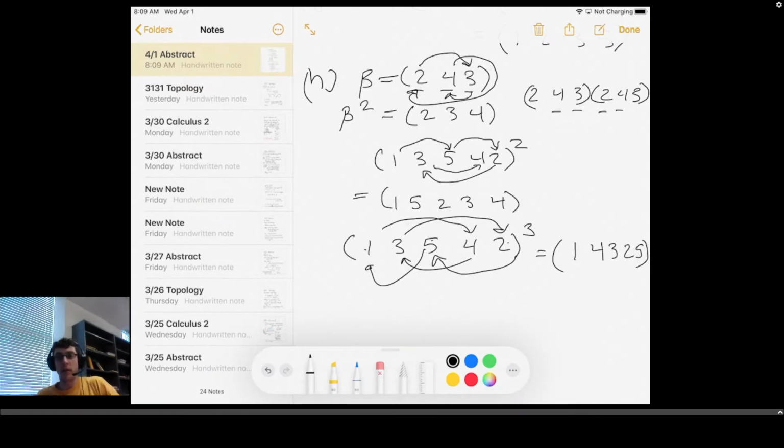Do we see that pattern, like what's going on there? Because that's very important for the proof of 484 when we're talking about the order of a cycle being how long it is. Does that seem to make sense?